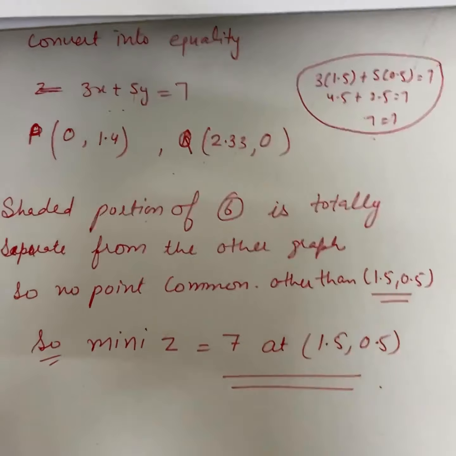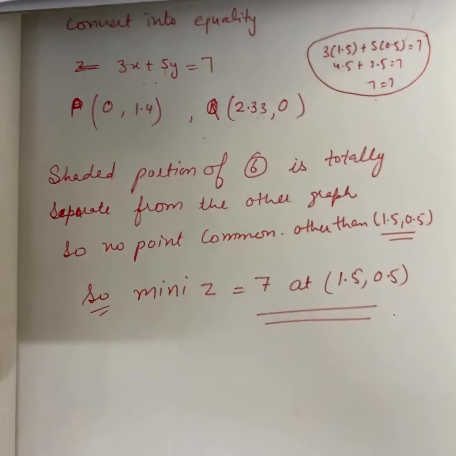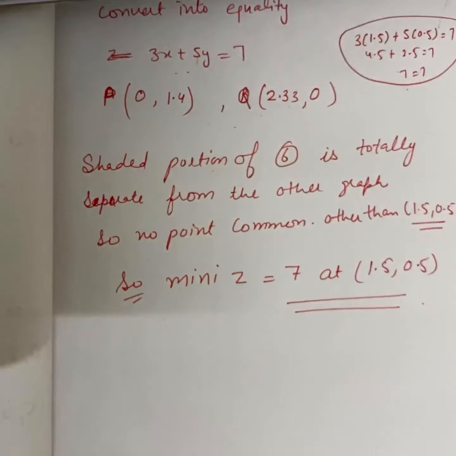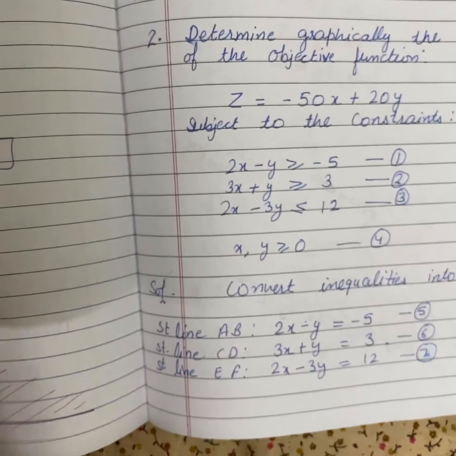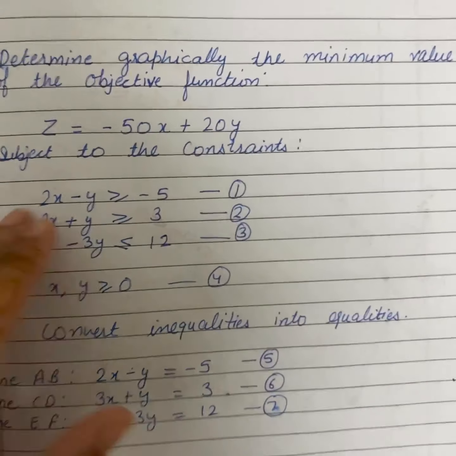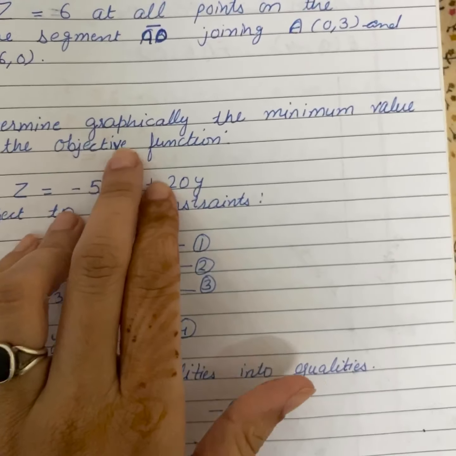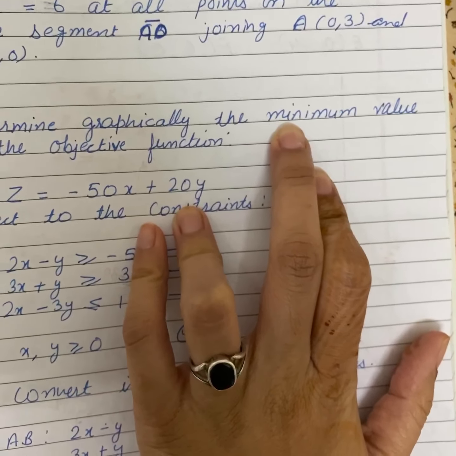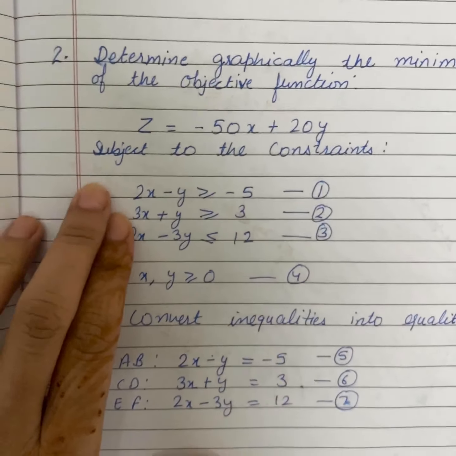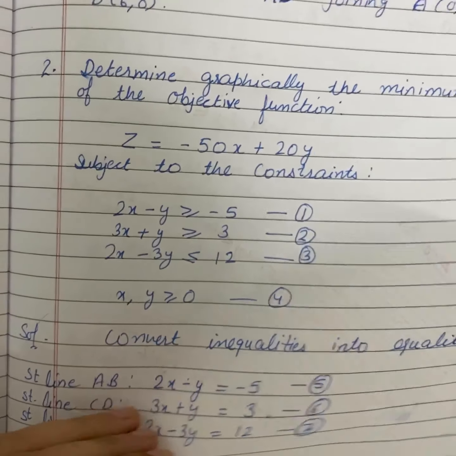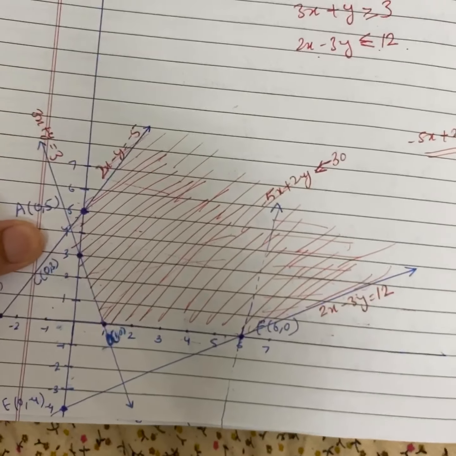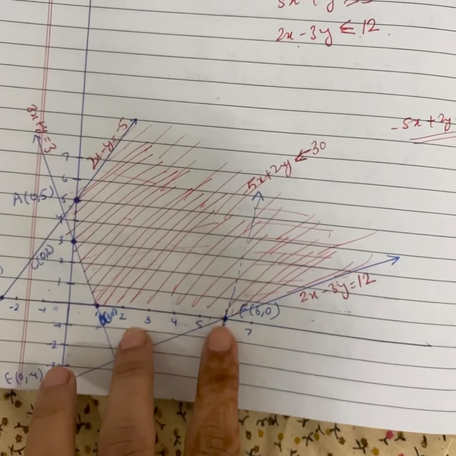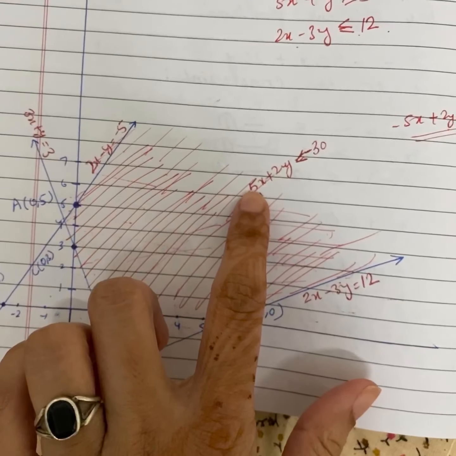So like this you have to do the questions. And one more question I have discussed. Firstly, the question is this one: determine graphically the minimum value. See, this question is again about minimum value. For this question also, firstly you convert and then draw the graph. Then this is your objective function which you have to draw here.